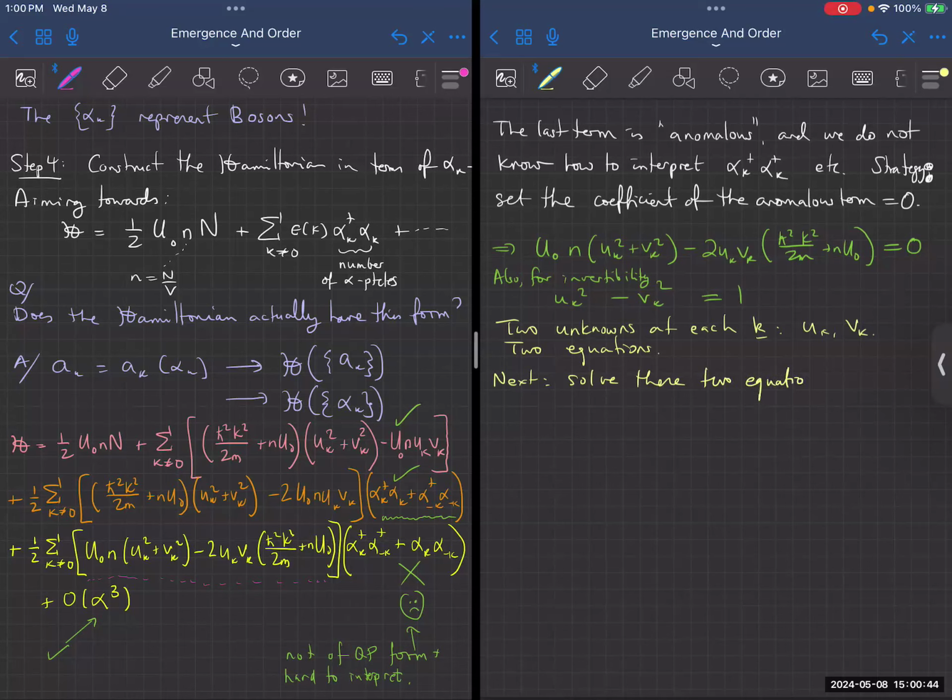So there's lots of ways that you can do it, and I'm going to show you a way that's particularly useful and convenient. The best thing to do is to use the constraint that u_k squared minus v_k squared equals 1.